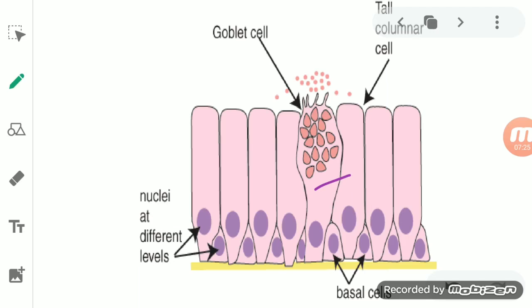And then these columnar cells, which have the nucleus at the base, we call goblet cells. Let me tell you again, these goblet cells are produced if sometimes the free surface becomes secretory in nature, it starts secreting substances.